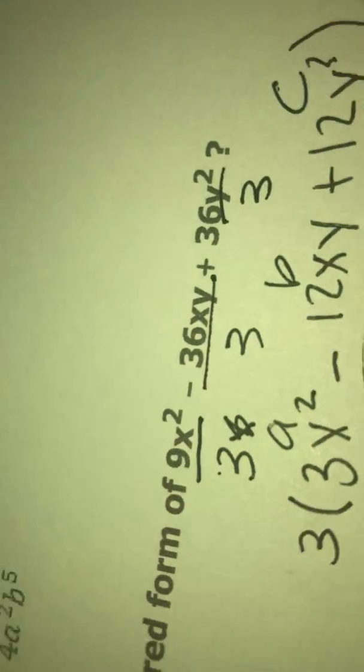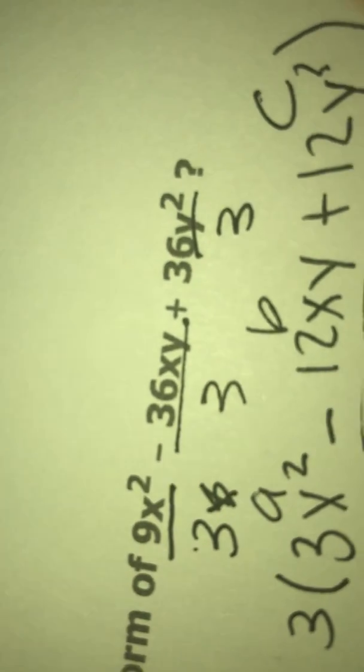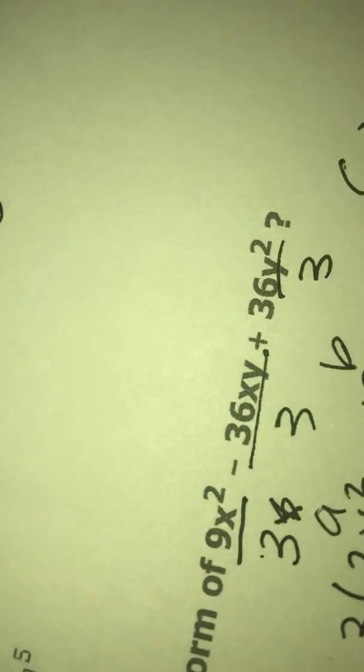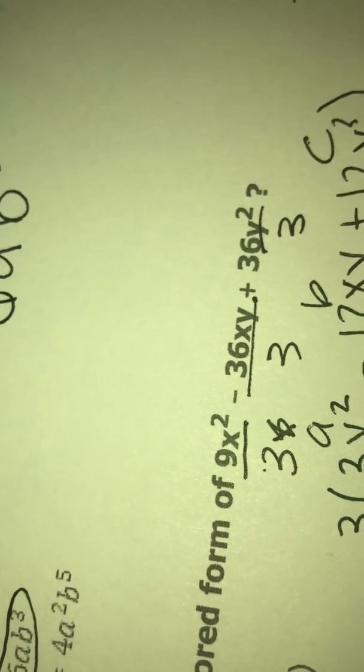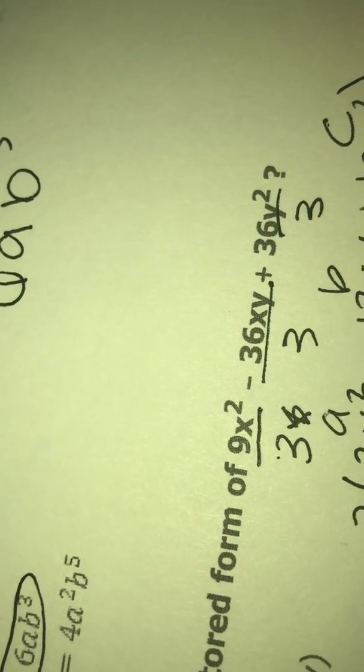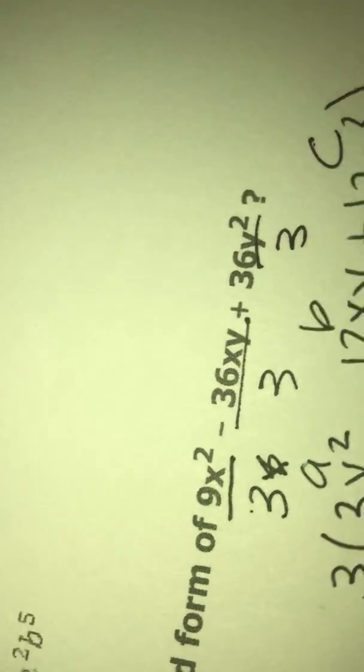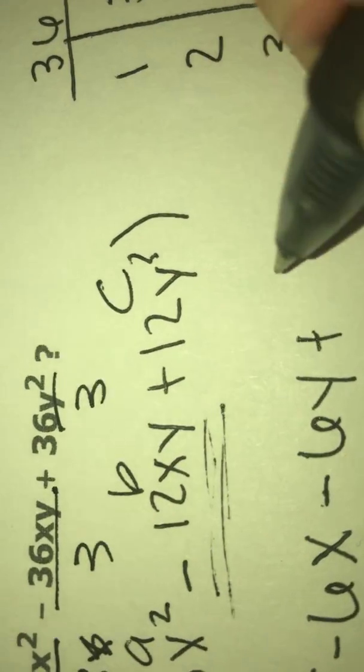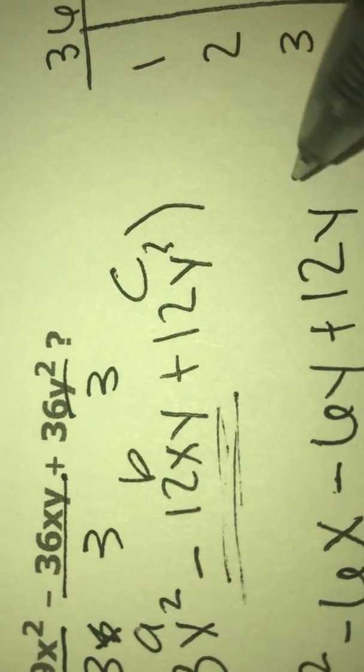Okay, so we're just going to replace the middle term with 6 and 6. So 3x squared minus 6xy minus 6xy plus 12y squared.